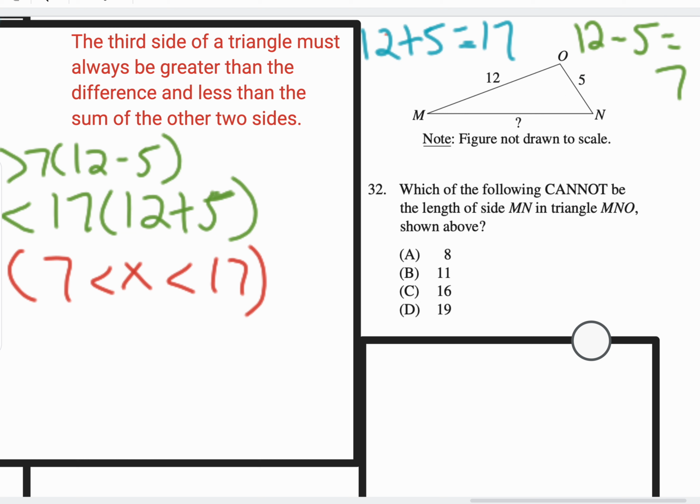Since D is greater than 17, it's the only choice that cannot be the length of side MN. And so it satisfies the question, which of the following cannot be the length of side MN. So the correct answer will be D.